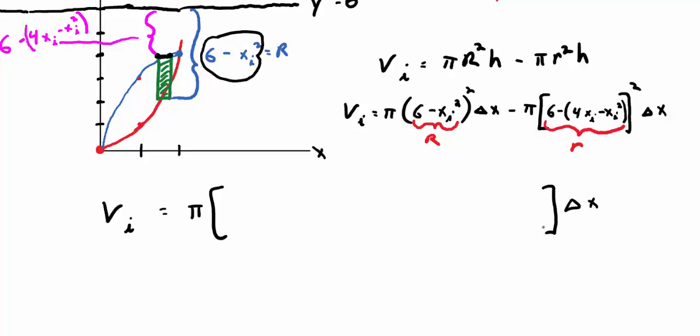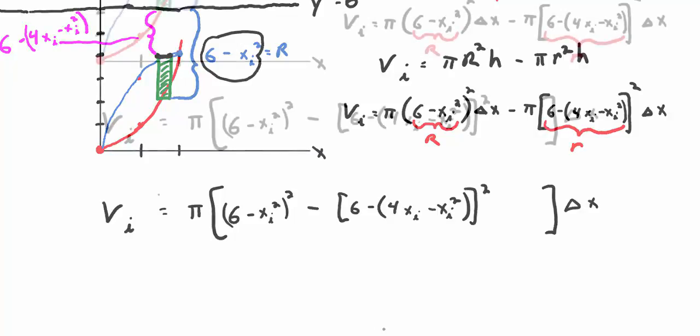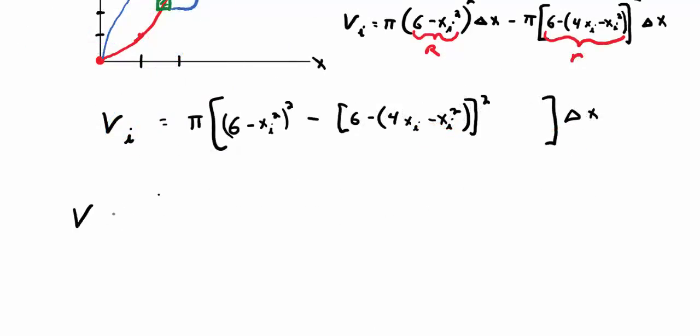That leaves me with what in the middle? The quantity 6 minus x sub i squared, quantity squared, minus the quantity 6 minus the quantity 4x sub i minus x sub i squared, quantity squared. You've got to take your time, make sure you don't miss anything. Then the integral is going to be the volume.